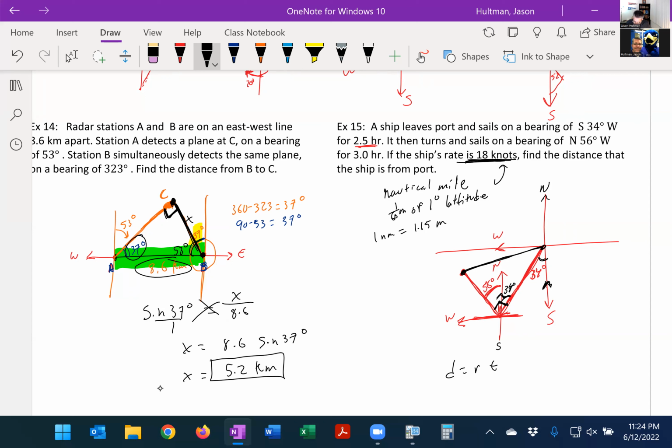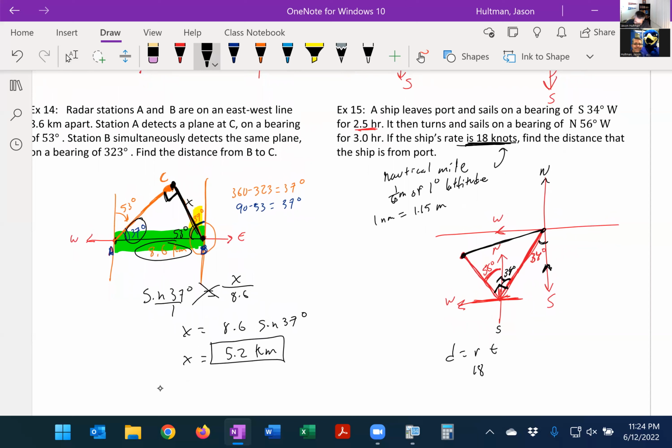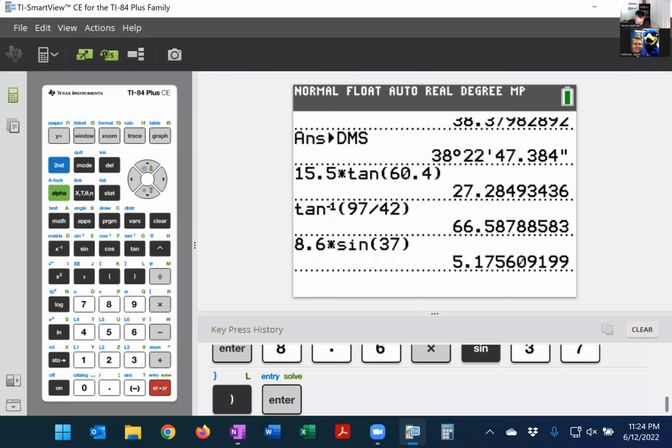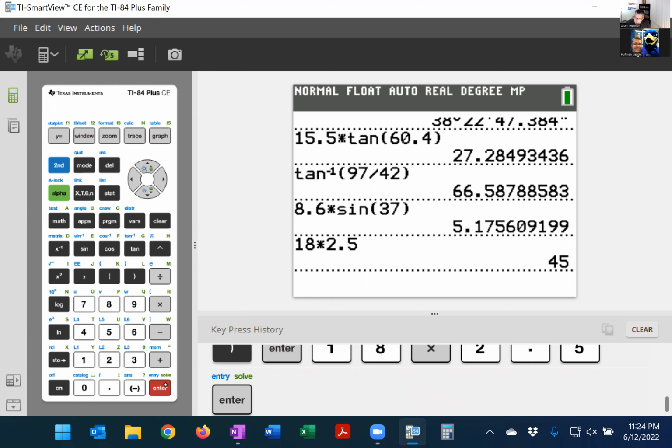But the rate is 18 knots, and a knot is a nautical mile per hour. So the rate is 18 knots, and we first went 2.5 hours, right? So 18 times 2.5 is 45. So we went 45 nautical miles.